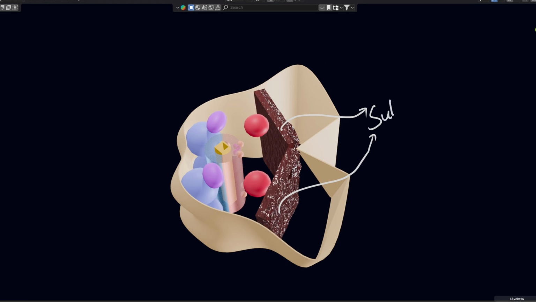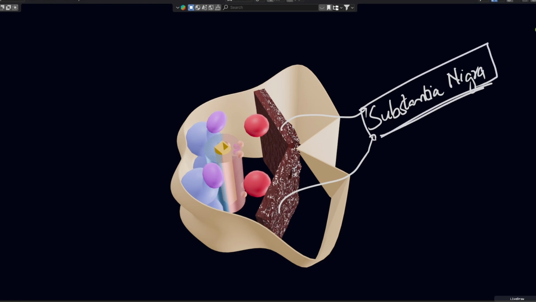So this structure is called substantia nigra. Yeah, that was it. Unfortunately, for many things in neuroanatomy, neurophysiology and neuroembryology, we don't know many of the answers.